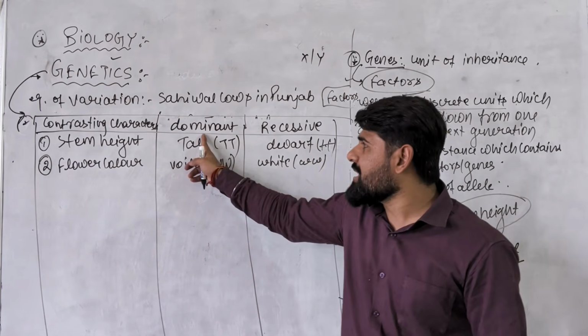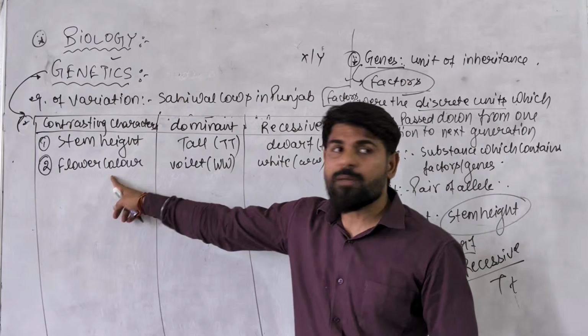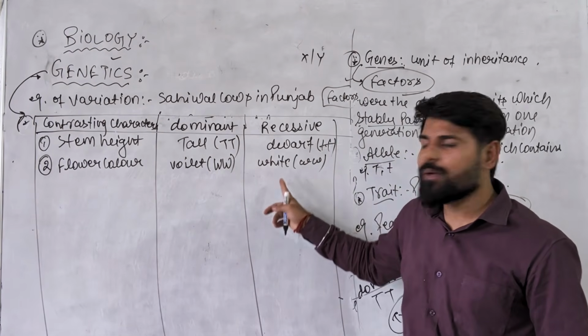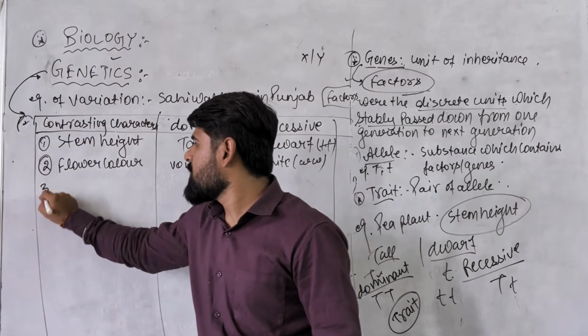What is the dominant contrasting character of flower color? The dominant contrasting character of flower color is violet. Recessive कौन सा? White.